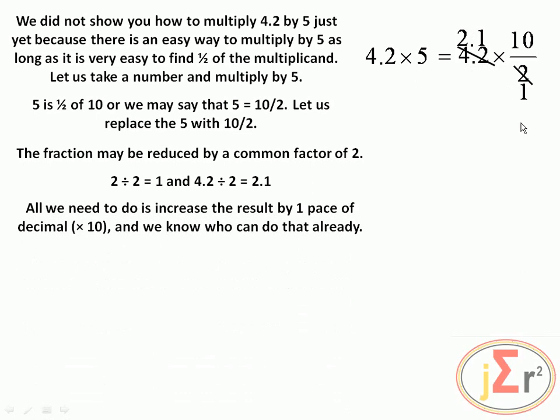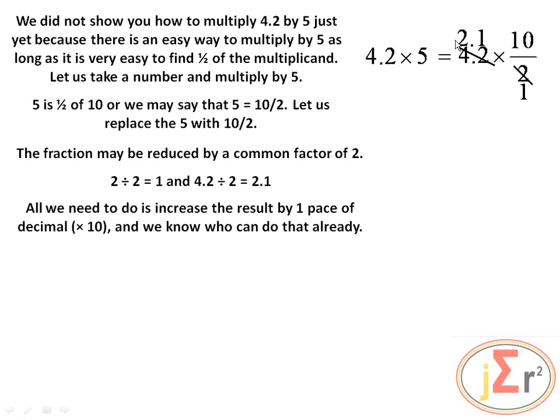All we need to do is increase the result by 1 place of decimal, which is the same as multiplying by 10. And we know how to do that already. So we know how to multiply by 10, which is the same as increasing a number by 1 place of decimal.